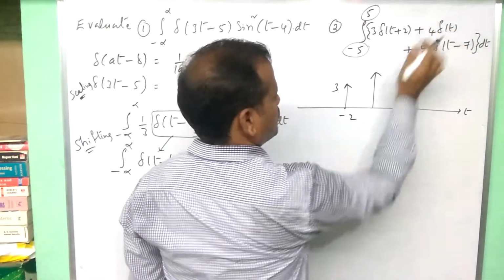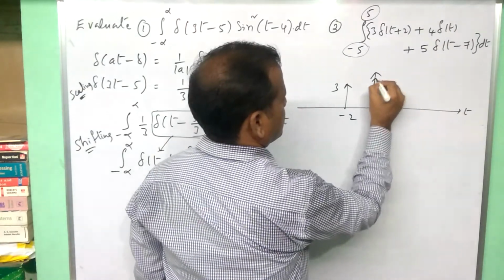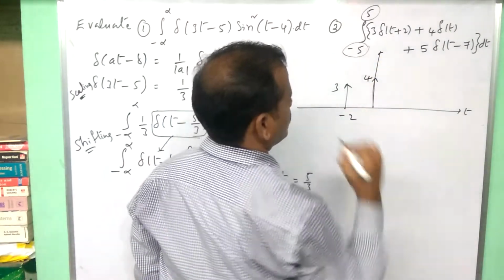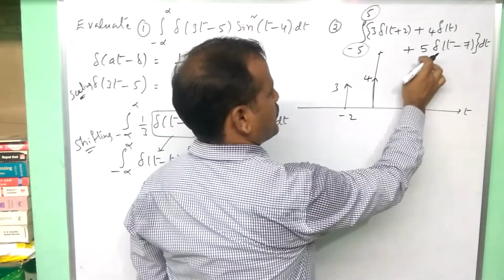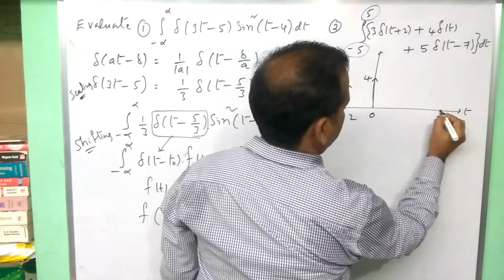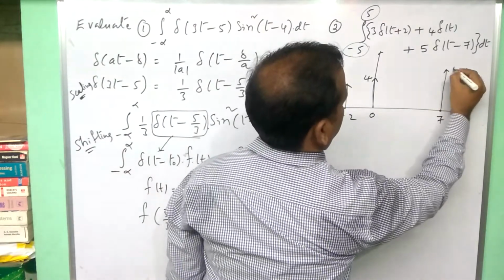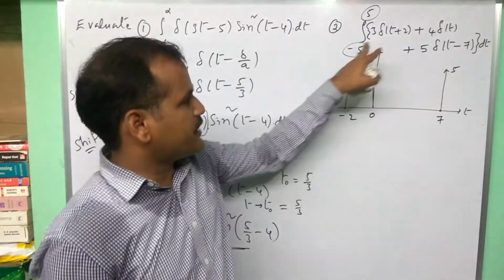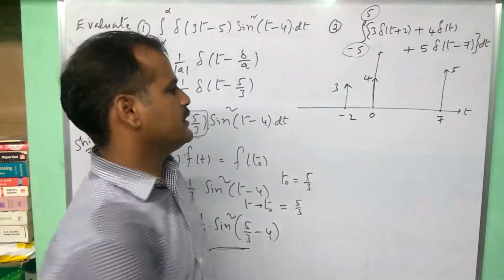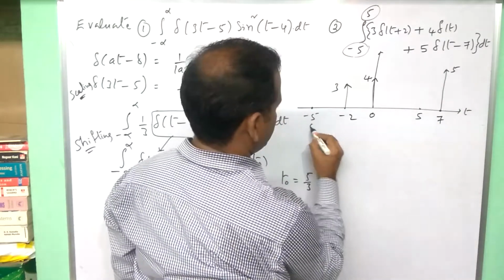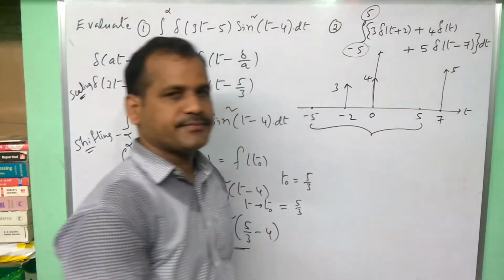The next has amplitude 4, which is at the origin. The next has amplitude 5, which is at 7, a right shift by 7. So this is the graph of the expression. Now we have to integrate from minus 5 to plus 5.